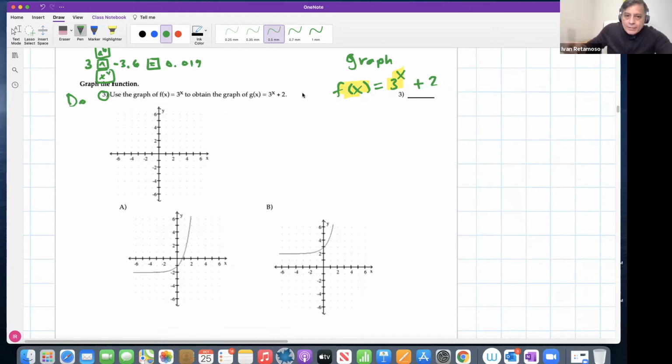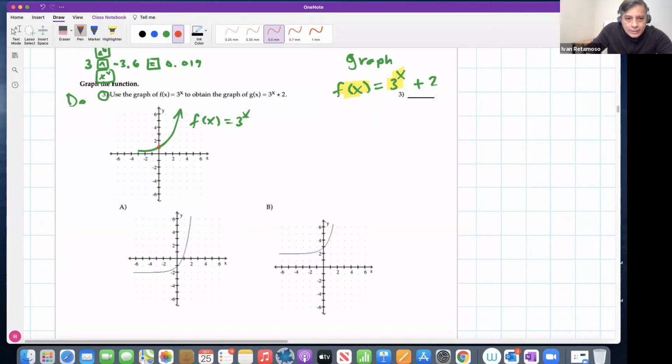You start with something that you know. We know the graph of this guy. It goes to this point, asymptotically here and grows like this. This is f of x equal 3 to the x. But they want this plus 2. Plus 2 means you shift this up 2 units up. So you are going to shift the y-intercept 2 units up, 1, 2.